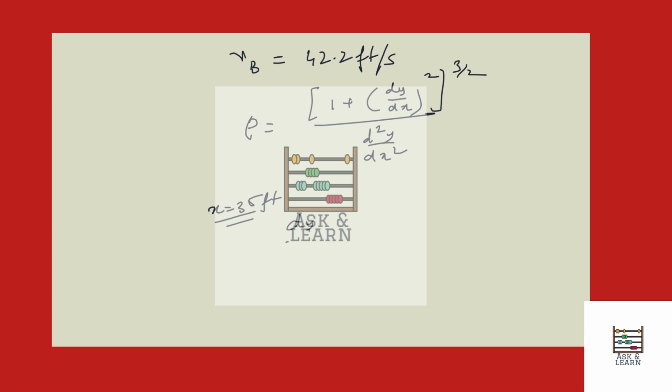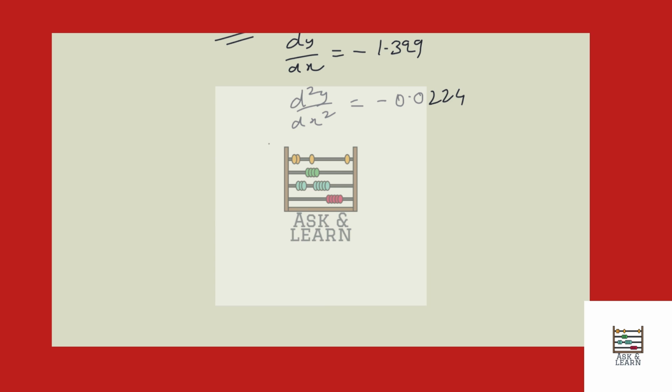This gives you dy/dx, which will be minus 1.399, and d2y/dx squared, which is equal to minus 0.0224. So the radius of curvature rho evaluates to 227.024 feet.